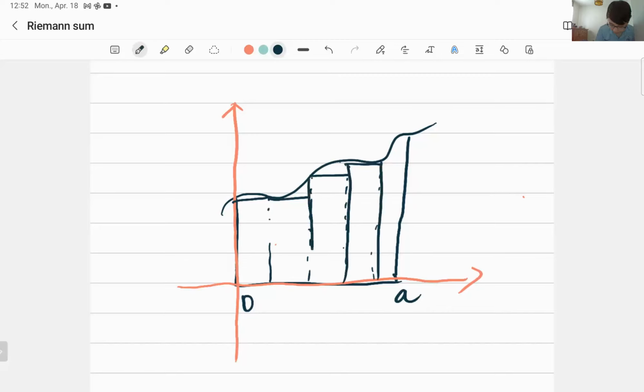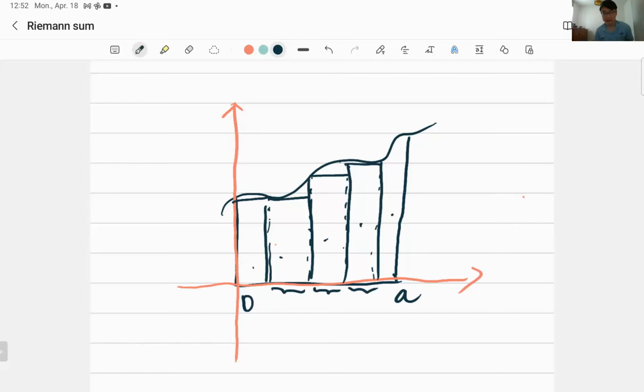Just imagine all the widths of these rectangles are equal, despite my bad drawing. I drew 1, 2, 3, 4, 5, so I divided the curve into 5 rectangles.